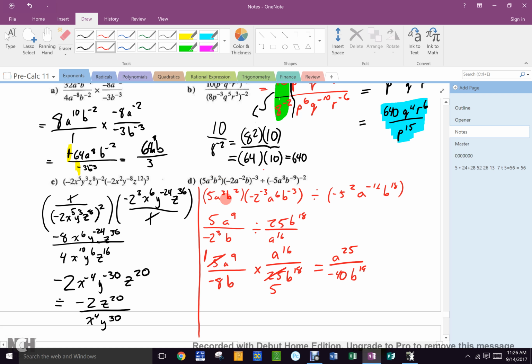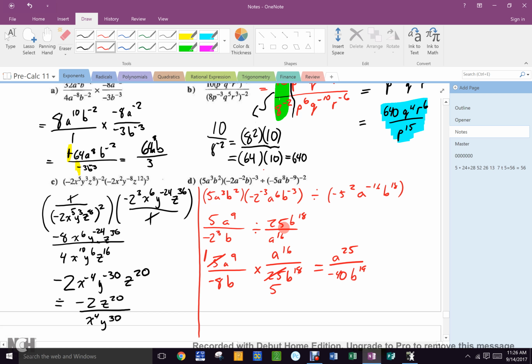A cubed b squared, yep. Negative 2 to the negative 3, yep. A to the positive 6, yep. B to the negative 3, yep. Divided by a to the negative 16, so that goes down there. So b to the 18.